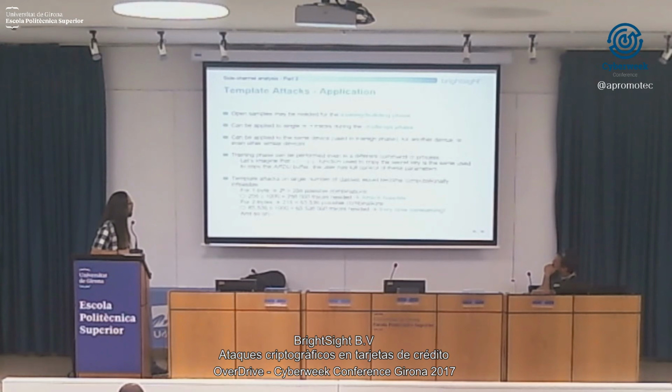But if we try to apply the same for 2 bytes, the amount of traces needed is quite high, and it will consume a lot of time. And so on. Let's imagine that in the real world, with 1,000 traces, probably you will break nothing. And normally around 1 million traces are needed.